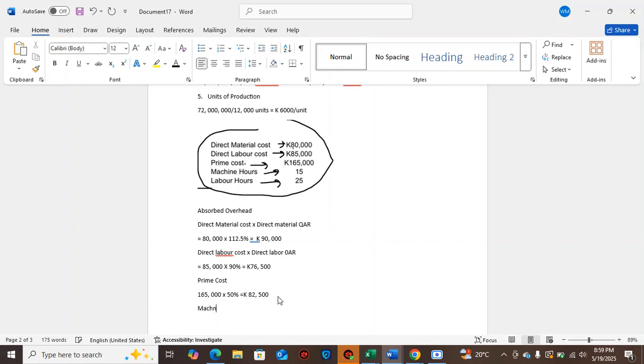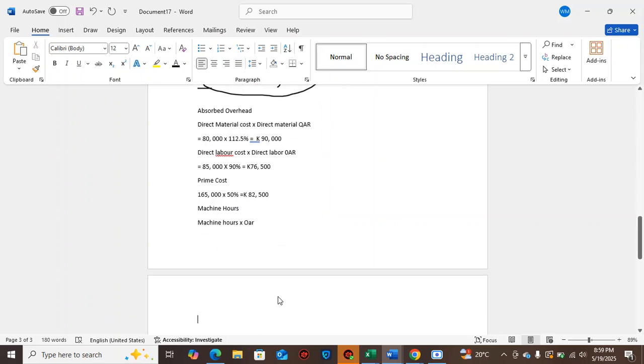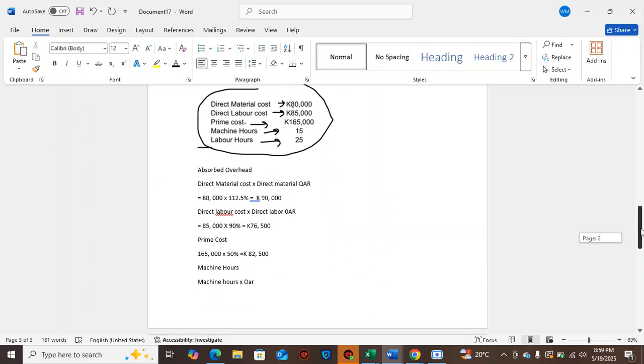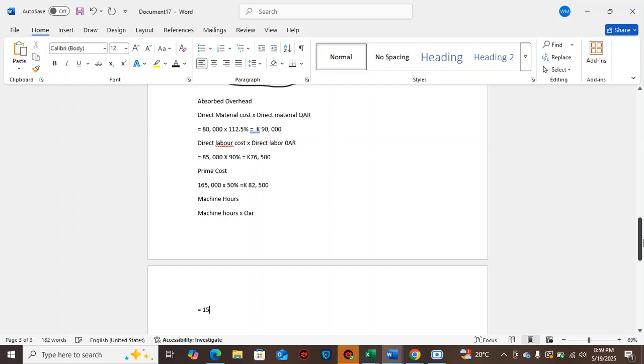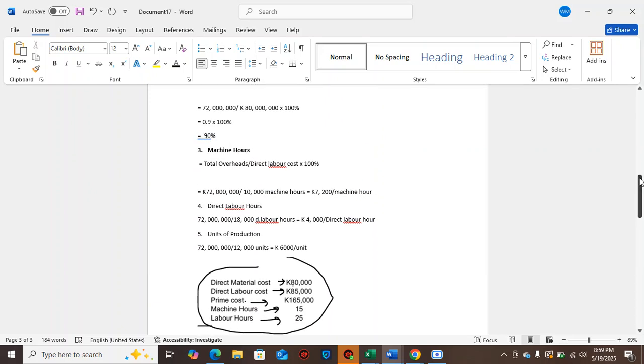With machine hours, it's just your machine hours multiplied by the overhead absorption rate for machine hours. They told us they used 15 machine hours, multiplied by our overhead absorption rate for machine hours, which was 7,200 per machine hour.